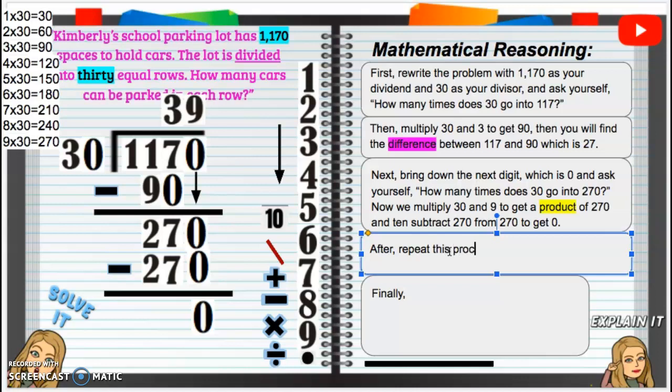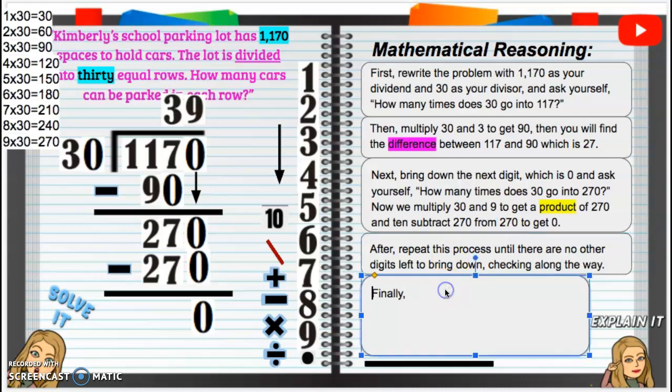Repeat this process until there are no other digits left to bring down, checking along the way. Finally, there were no other digits and we got a remainder of 0.